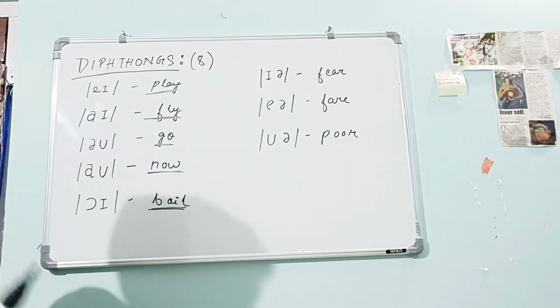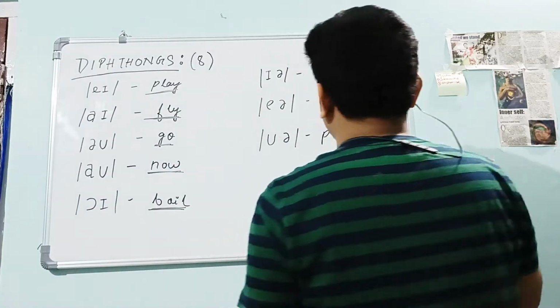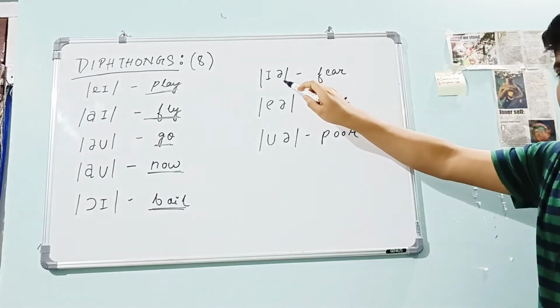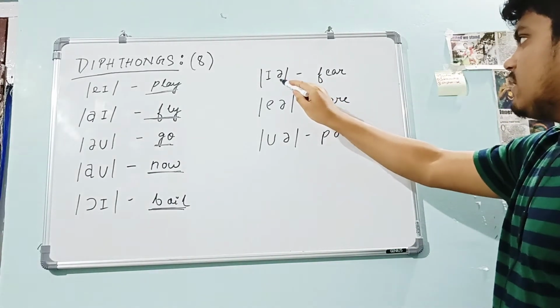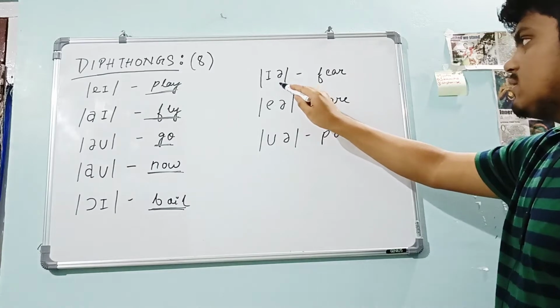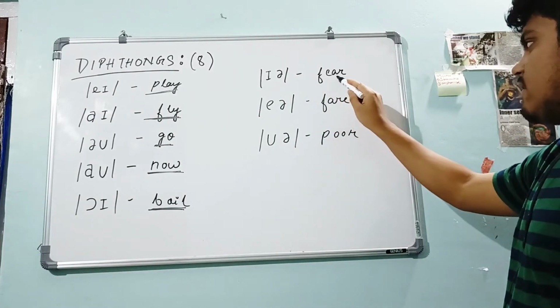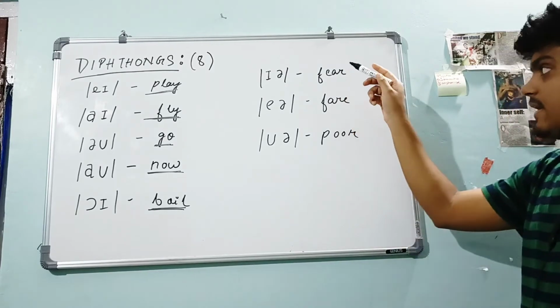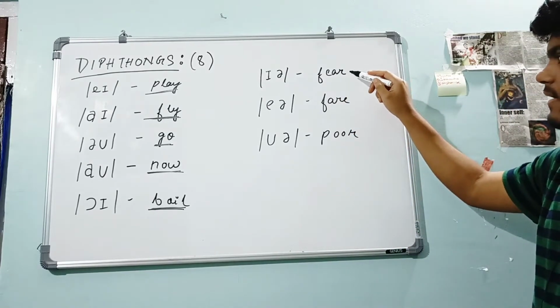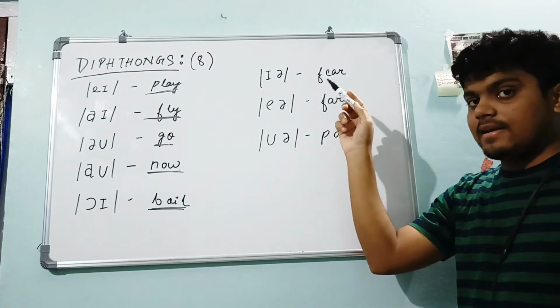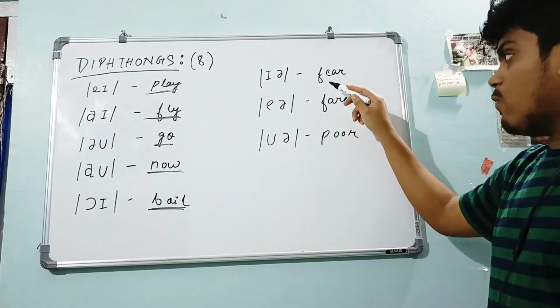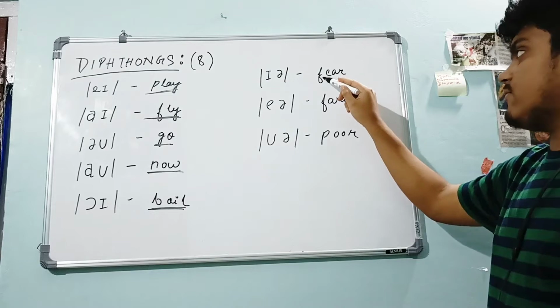Now let us look at the centering diphthongs. Ear, with the schwa. This is a schwa. Ear, fear. The R in this word is not articulated in standard English, so we pronounce this word as fear.